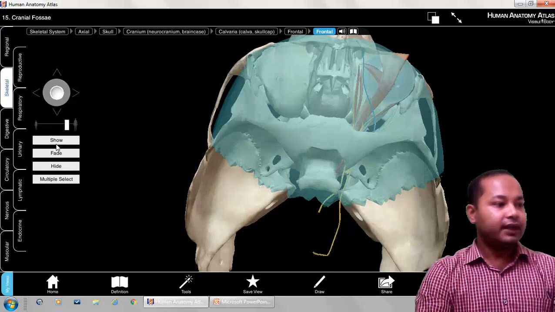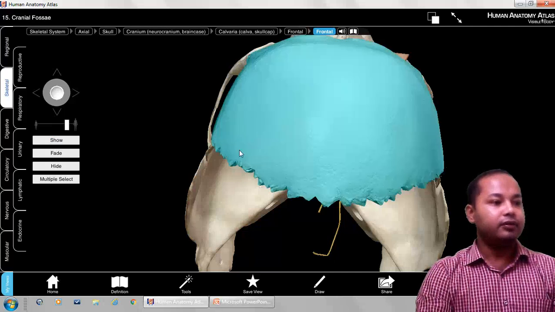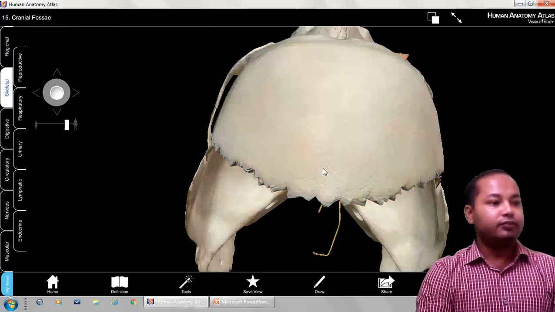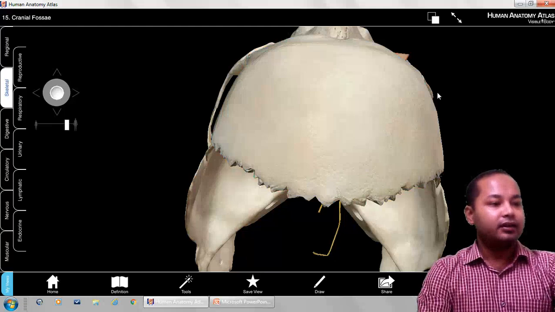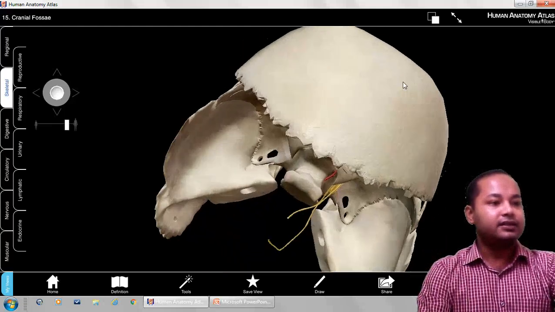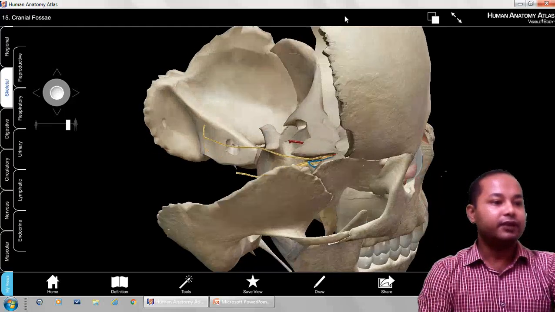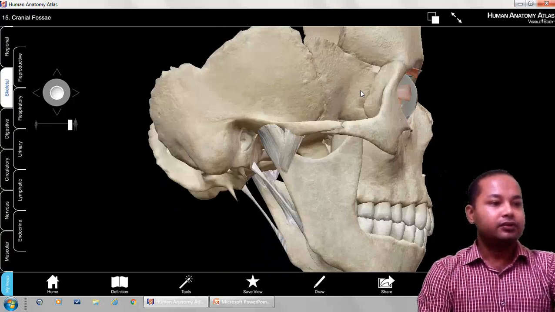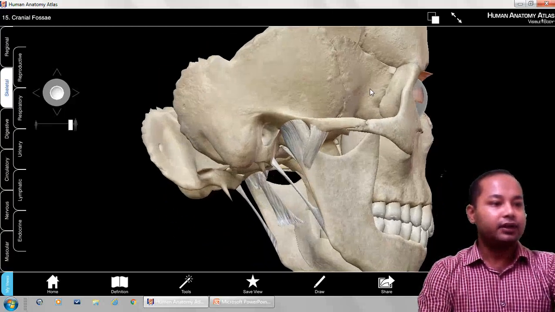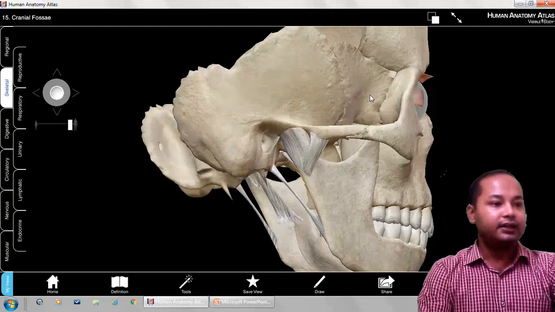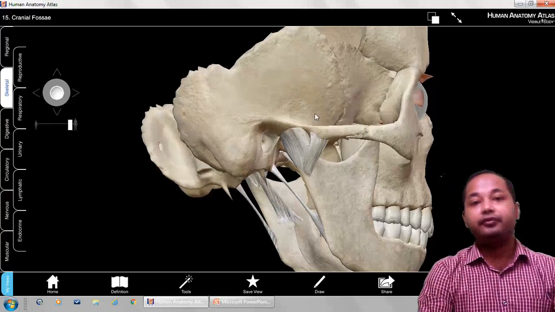Now I am going ahead from here. I again show the frontal bone and move the entire thing so you get the view from the lateral sides. From the lateral sides, if you look, you will find that the orbit is actually protruding out.